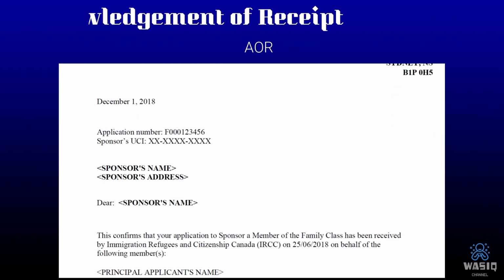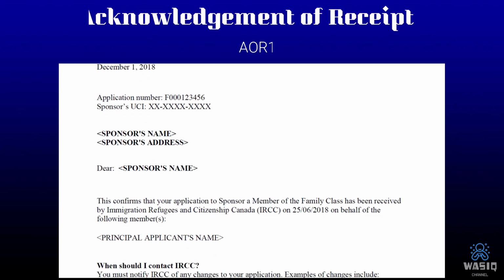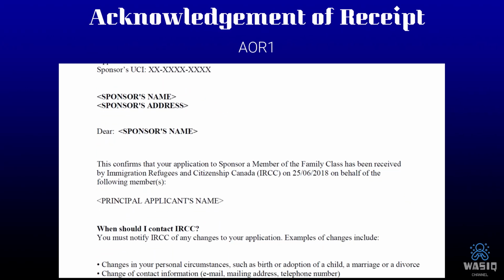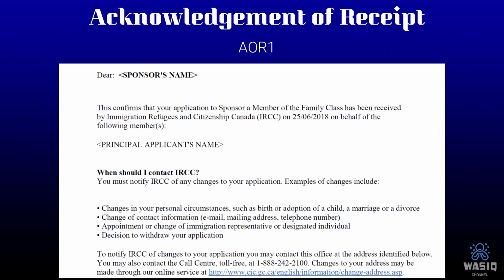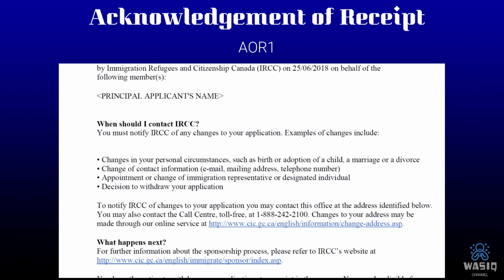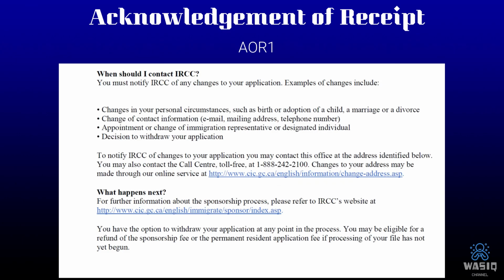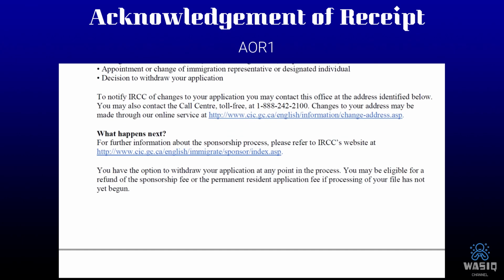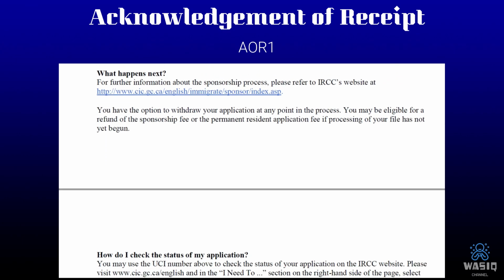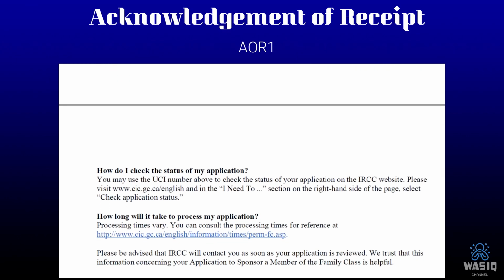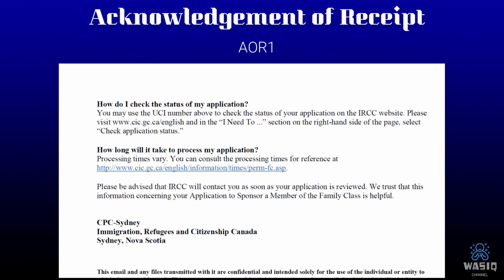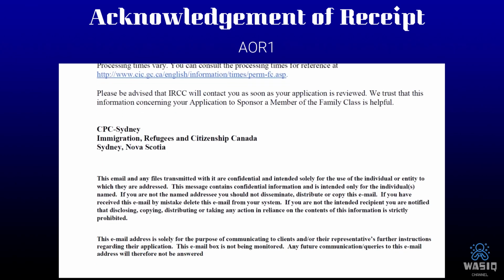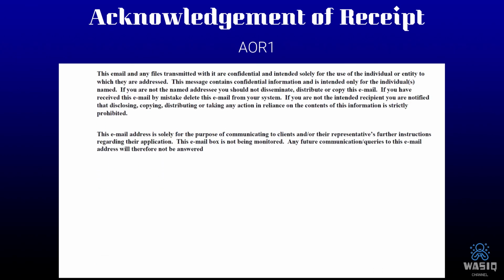This is the AOR, the Acknowledgement of Receipt, AOR 1, which you'll receive when you send your application, and the very first correspondence you receive from Case Processing Center located in Canada. This whole application, the Quebec one and the federal one, remember that this is a paper application, not online.